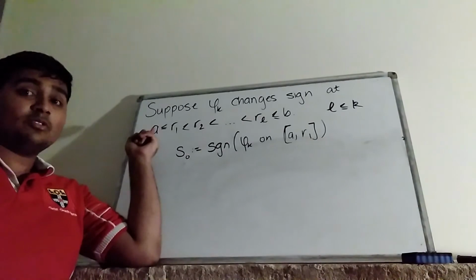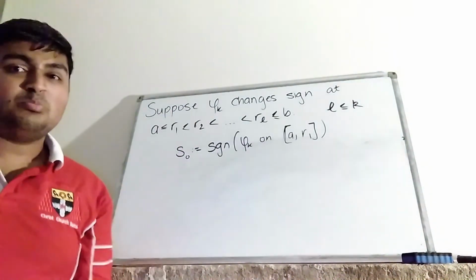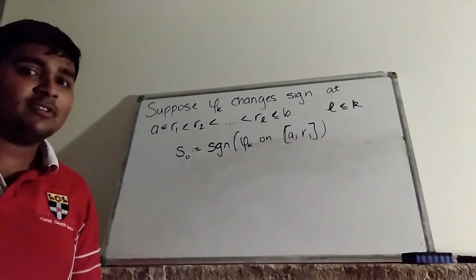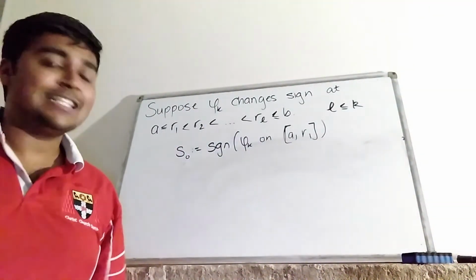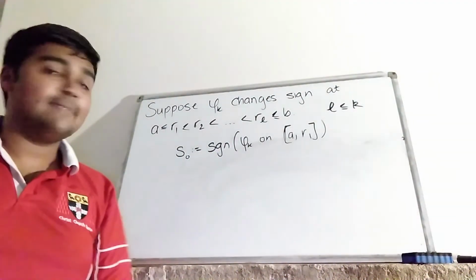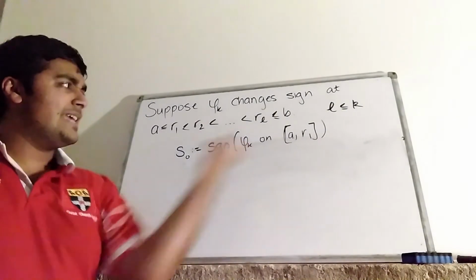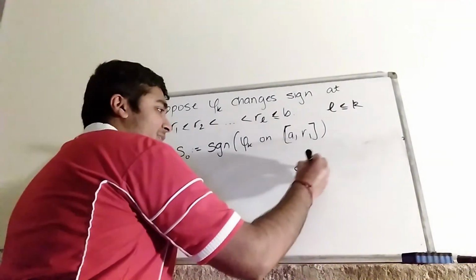Phi k has constant sign on A to R1, so either phi k is non-negative or it's non-positive, but for now we'll just think of phi k as either positive or negative, so it has maintained sign, and thus the sign on this interval here is either going to be positive or negative, and thus this sign function here is either 1 or minus 1. Just in case you haven't seen the sign function, it's not the trigonometric sine.